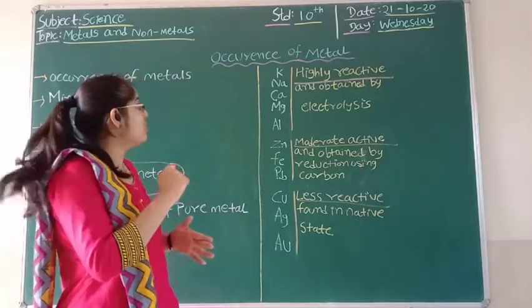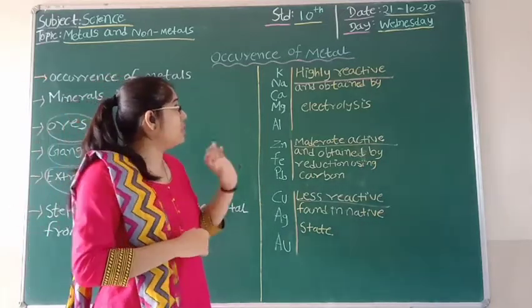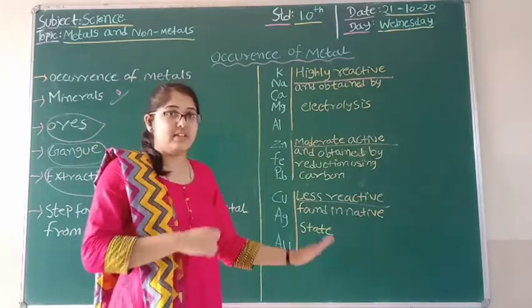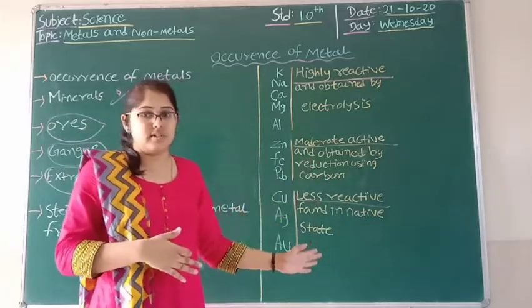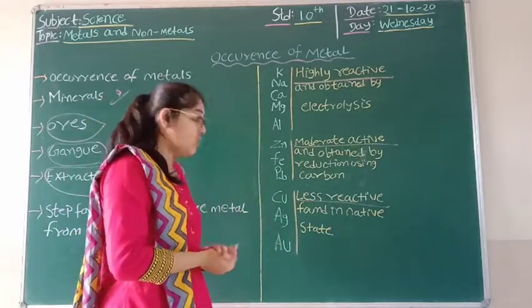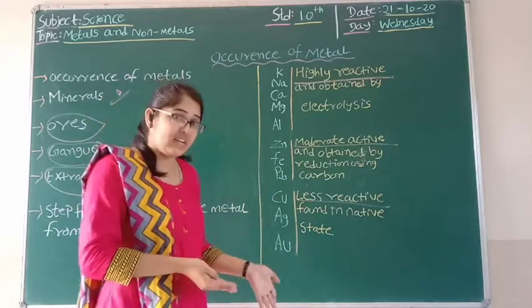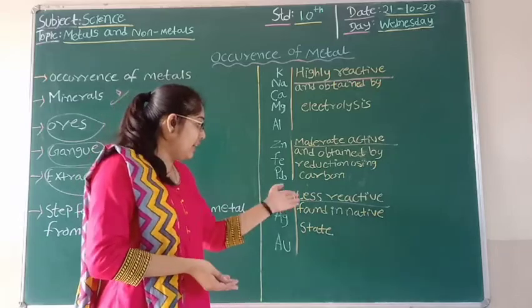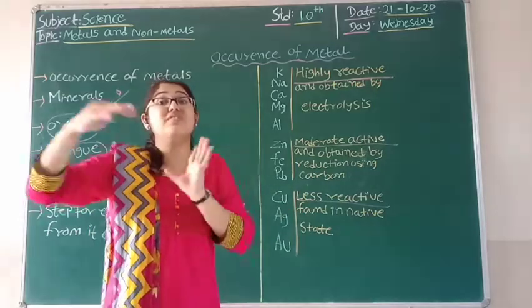Now, students, we'll see all of this in detail. First we will see the least reactive metals. If we talk about least reactive metals, they are found in the native state, that means they are found in the free state.